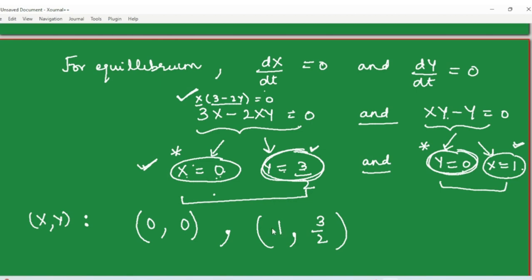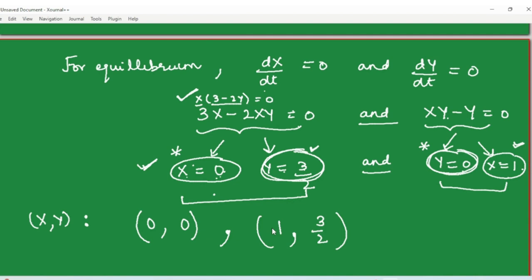So that's how we move step by step, so that nothing is left out and all equilibrium points are covered in this process. The only simple thing one needs to understand is that when you are looking for equilibrium points, both the derivatives dx by dt and dy by dt should be together 0. If dx by dt equal to 0 has some options and dy by dt equal to 0 has some options, then you have to explore all the combinations.